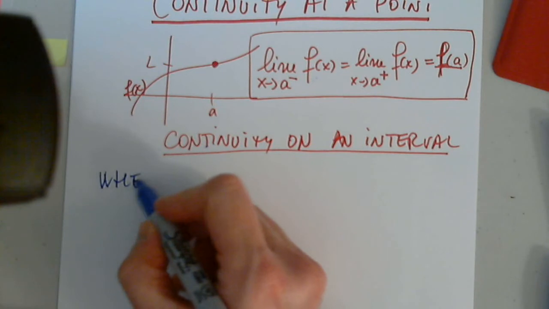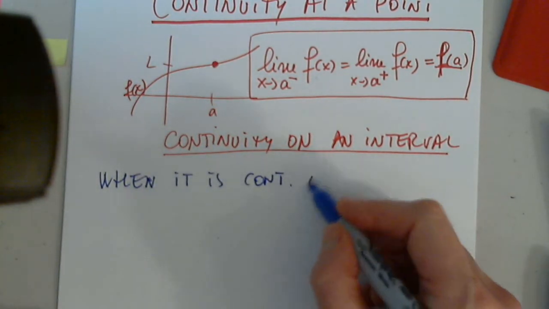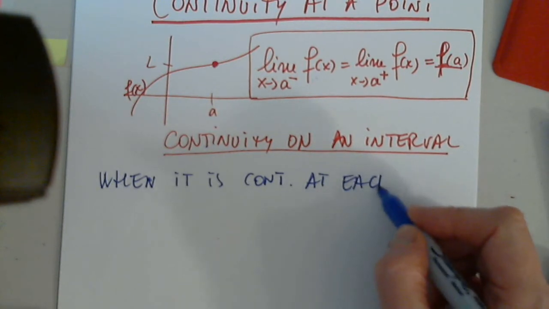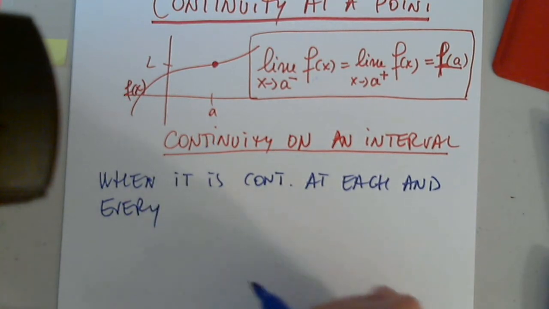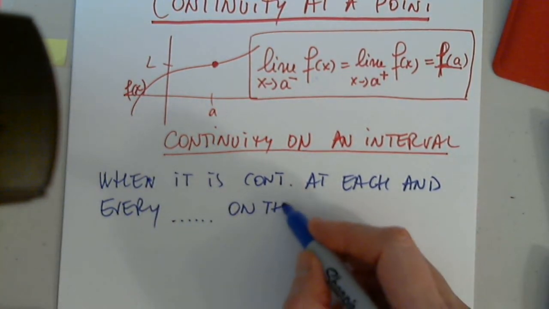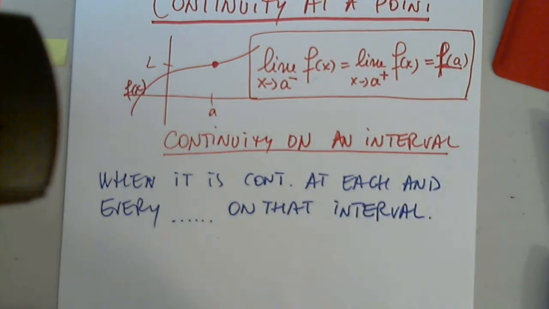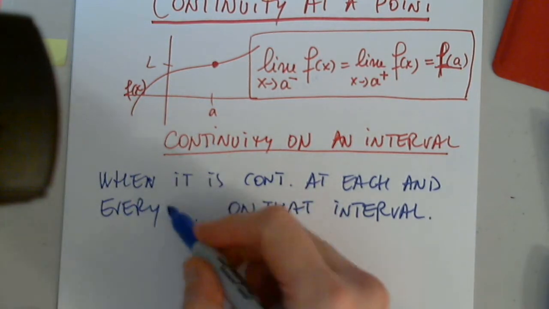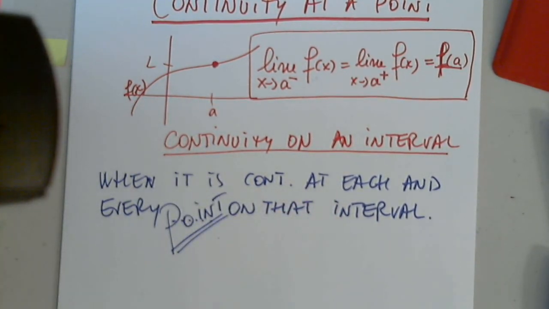When it is continuous at each and every what? Anyone would like to give it a shot? Every point? Of course. Thank you.